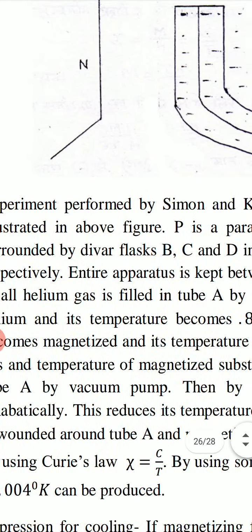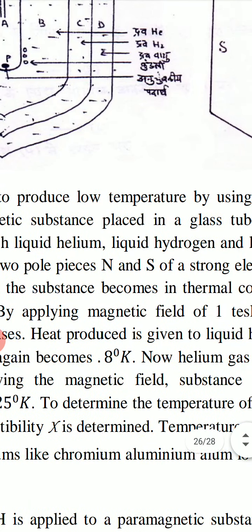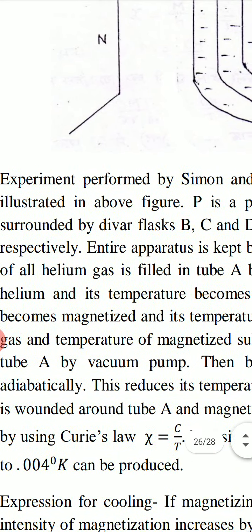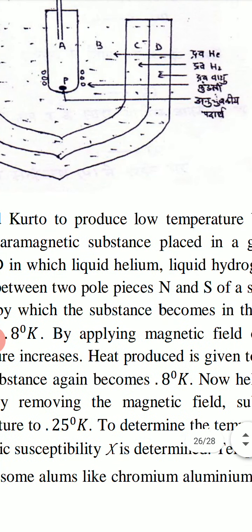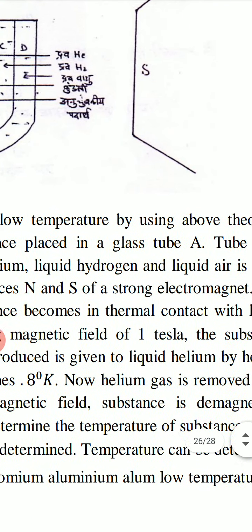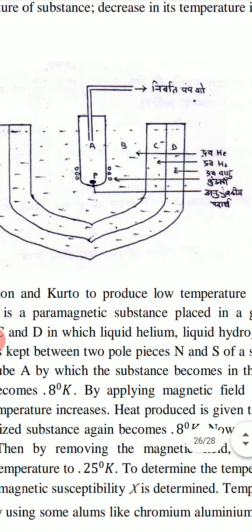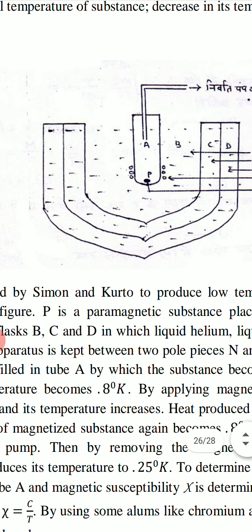The experiment performed by Simon and Kurti to produce low temperature by using the above theory is illustrated in this figure. P is a paramagnetic substance placed in a glass tube A. This is the figure which shows the experimental arrangement to produce low temperature by adiabatic demagnetization of a paramagnetic substance.